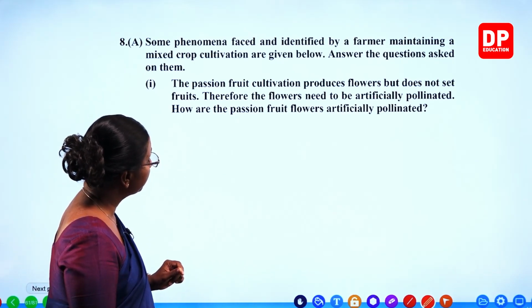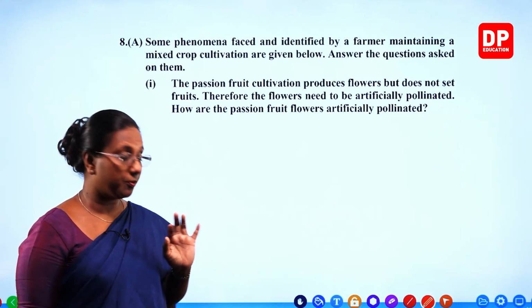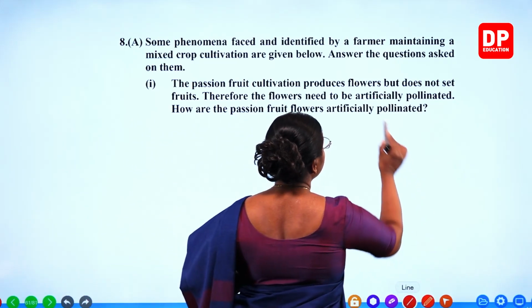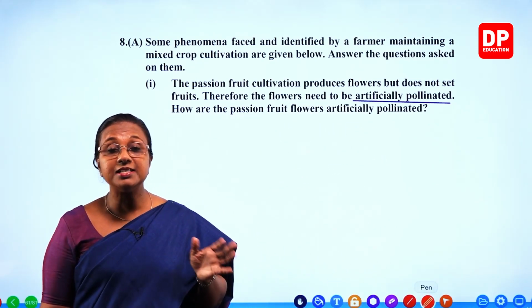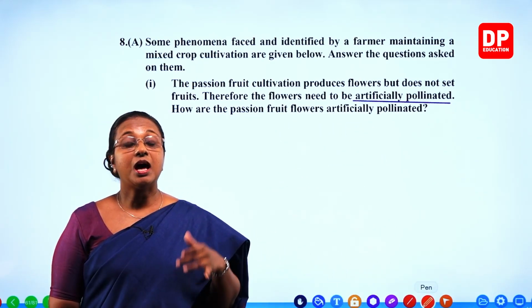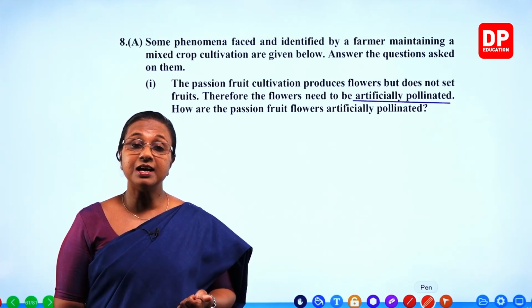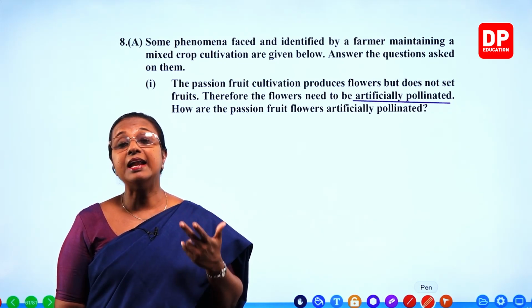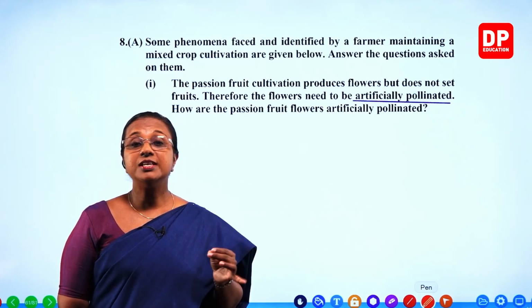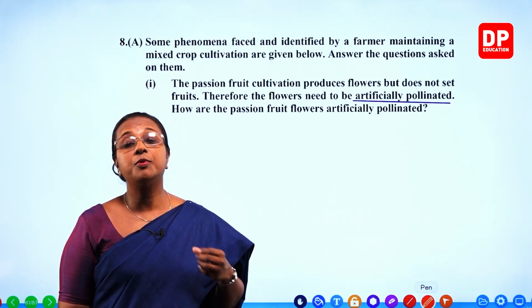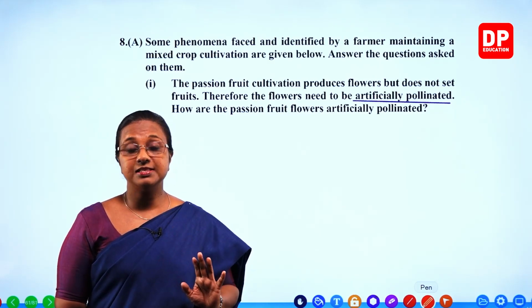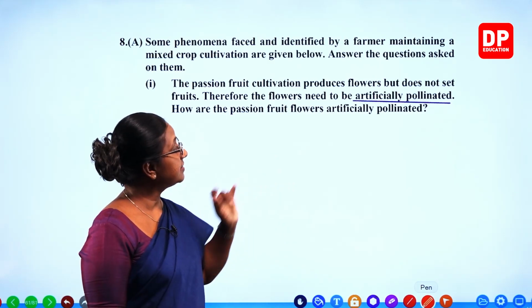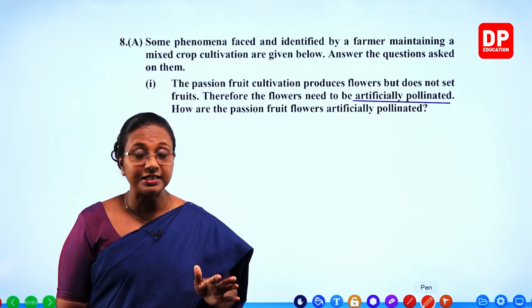How are the passion fruit flowers artificially pollinated? Now, normally, all know, students, there are different agents of pollination. There are animals or insects, then there is the wind and there is water. These are different methods or agents of pollination. If that doesn't happen, then there is artificial pollination. How is that carried out?